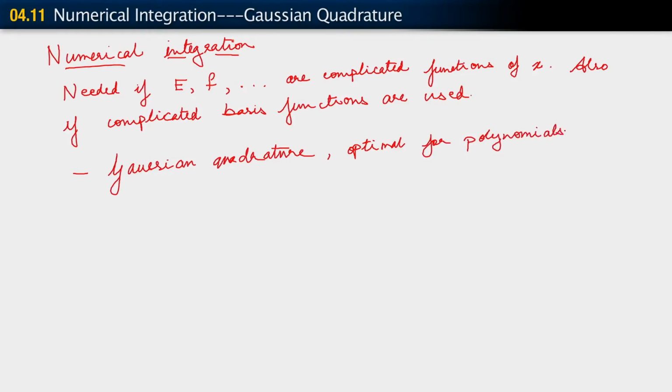By optimal we mean that it's possible to integrate certain types of polynomials of certain order exactly. There's a systematic rule about how we go about doing this. All right, so let's see what we need.